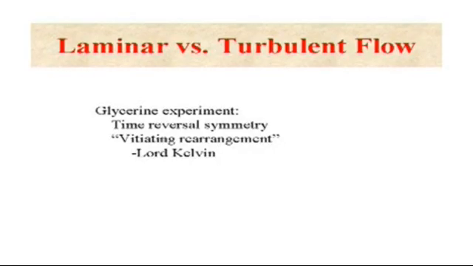Lord Kelvin called it vitiating rearrangement, which is really wonderful for something he could have said much more simply: there is no memory. When turbulence occurs, the memory of the initial conditions is lost. It's gone. That's one of the features of turbulence. In this experiment, the memory of the initial condition was not lost, and I was able to go backward in time by unstirring it.